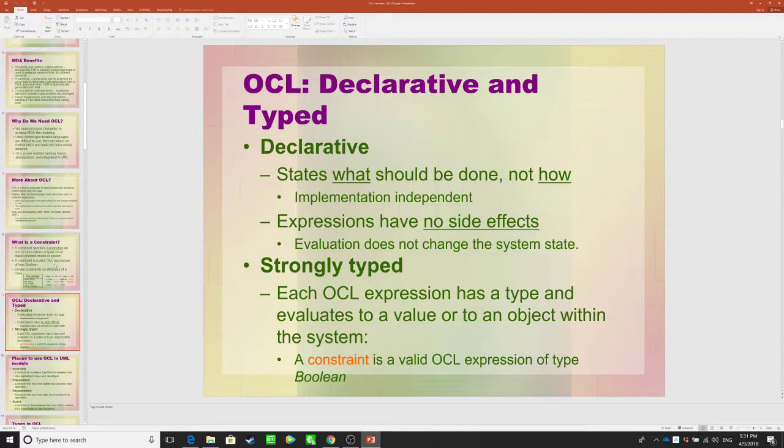It's similar to that, declarative. And strongly typed means each OCL expression has a type and evaluates to a value or to an object within the system. So a constraint is a valid OCL expression of type Boolean. Okay, those are some attributes here. We can see some examples later.